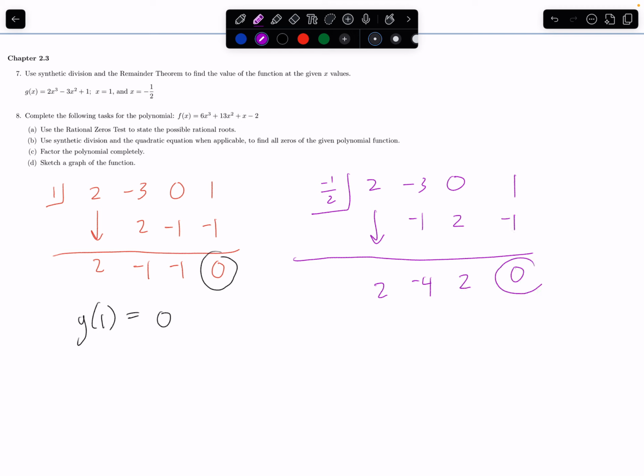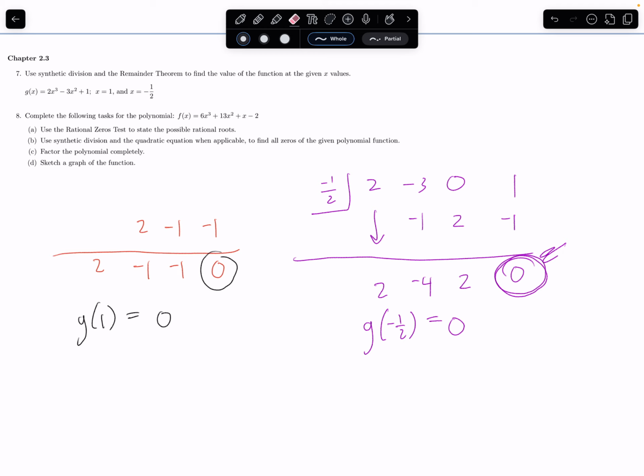So this one just so happens to be 0 again. And what that means is g of -1/2 is equal to 0. Now, if this number was something else, it would mean g of -1/2 was whatever the remainder was. Whatever number pops out here, that's the value if I was to evaluate it. Okay, so we answered question 7. Both cases give us 0.